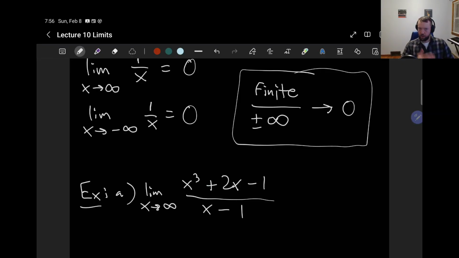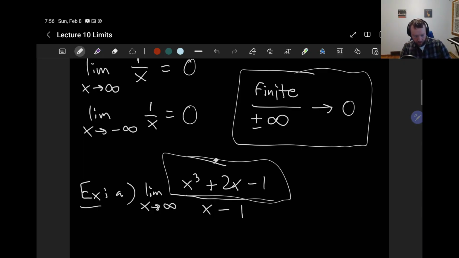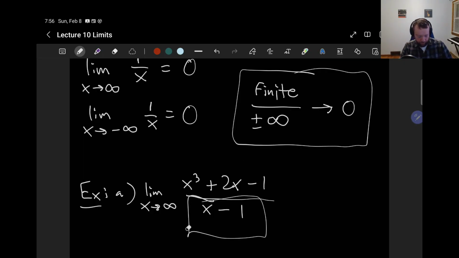So notice if you try to plug in infinity, if you will, technically not a real number, but if you plug in very large numbers, you'll see that we're essentially getting infinity over infinity. And that is pretty complicated, doesn't really tell you a whole lot.